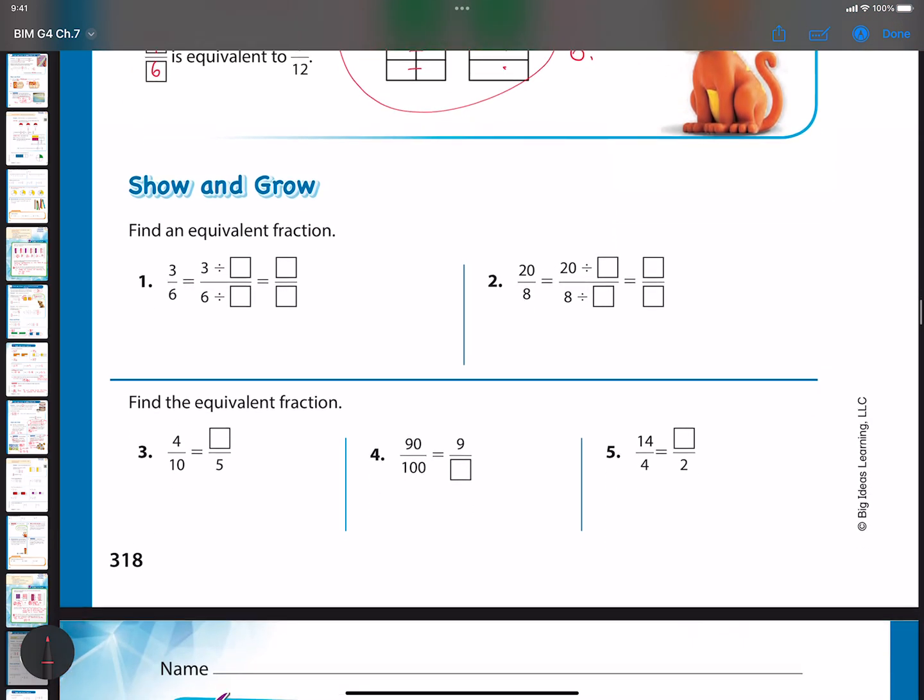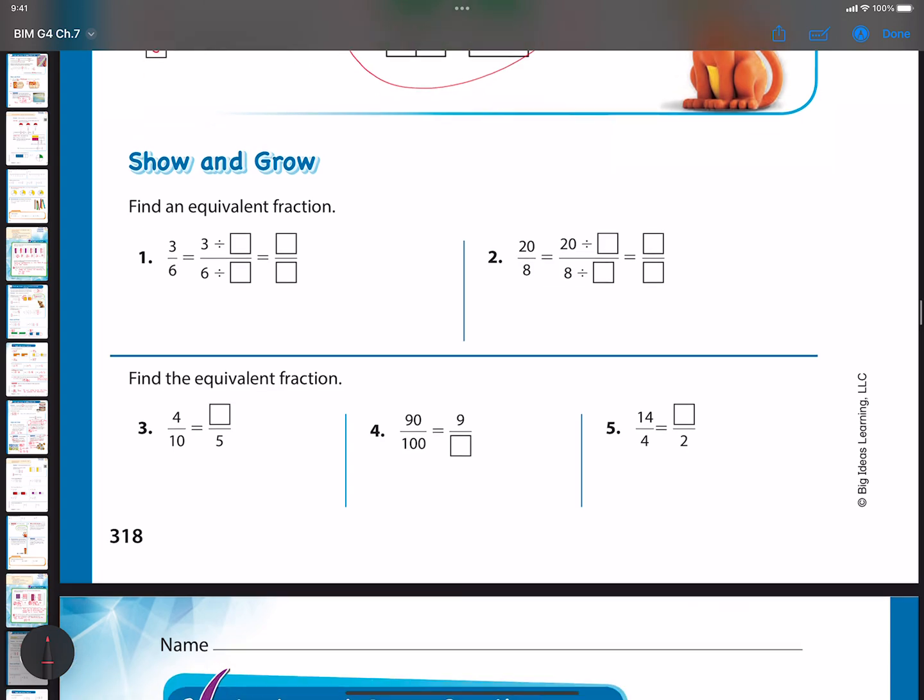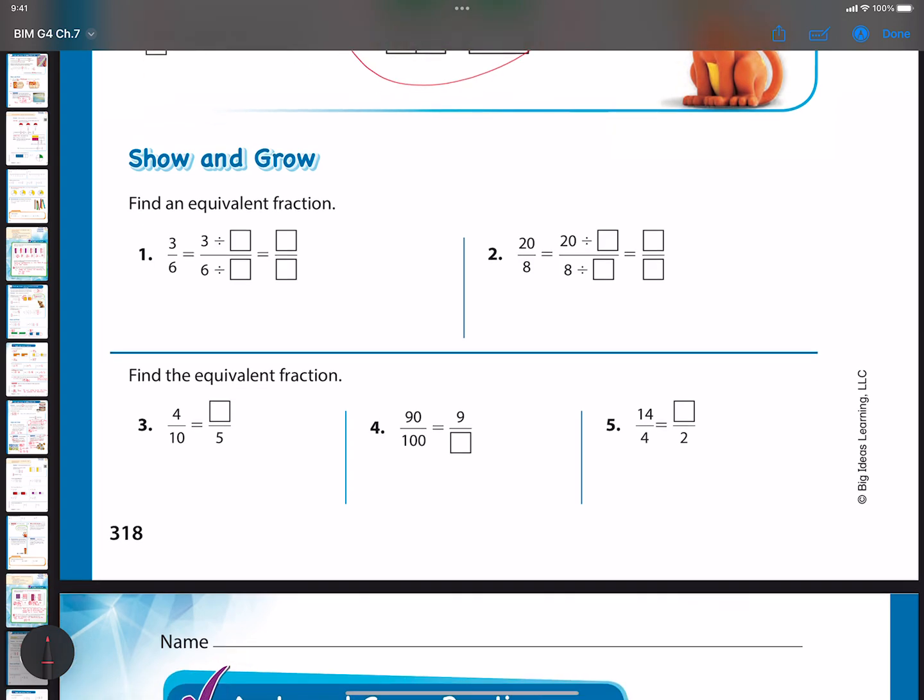Now find an equivalent fraction for 3 and 6. Let's find the common factors. Common factor, maybe singular, right? We know 3 and 6 have the common factor 3, so I'm going to divide by 3. 3 divided by 3 is 1, and 6 divided by 3 is 2.